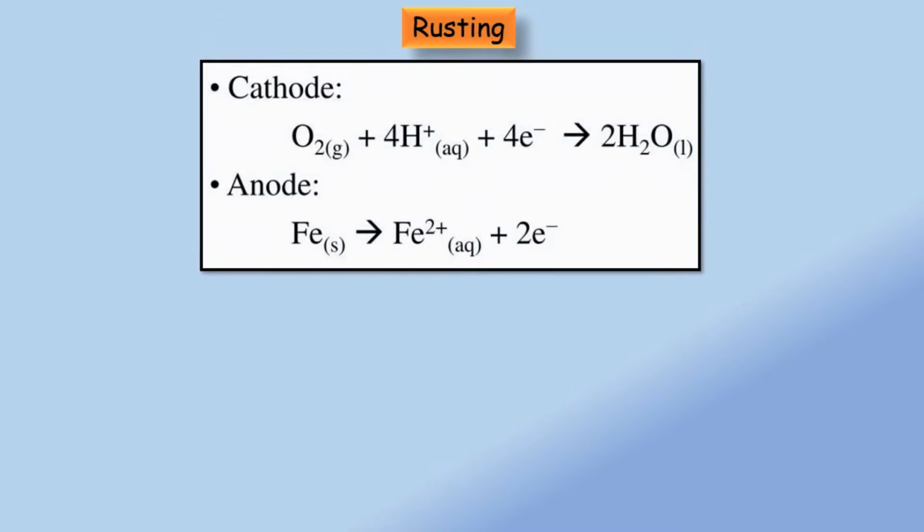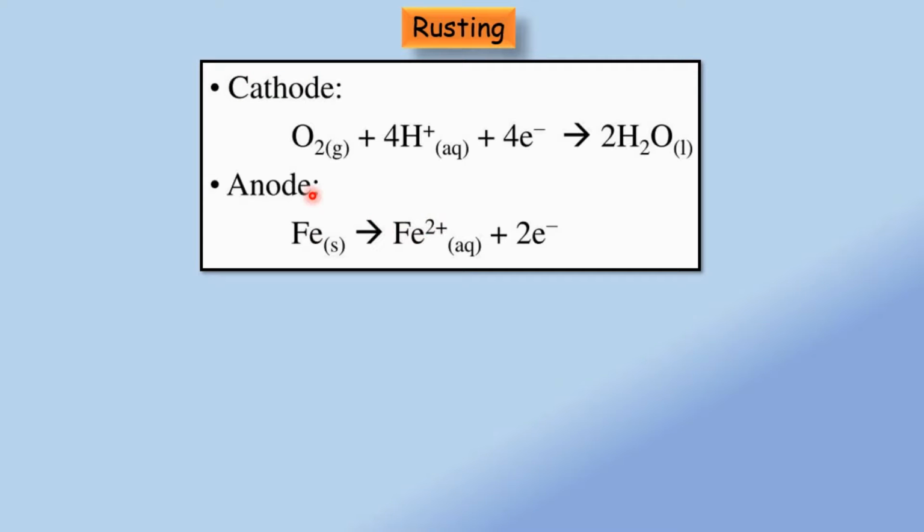As you can see here, O2 is reduced to form water in the cathode region, and Fe is oxidized to Fe2+ in the anode region.